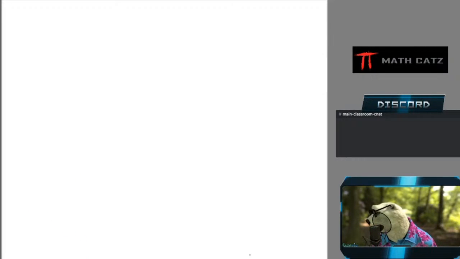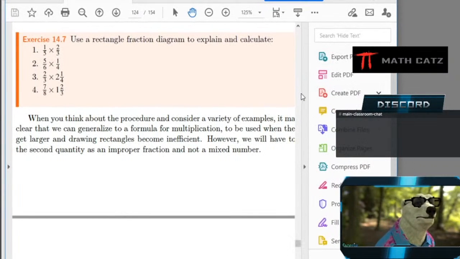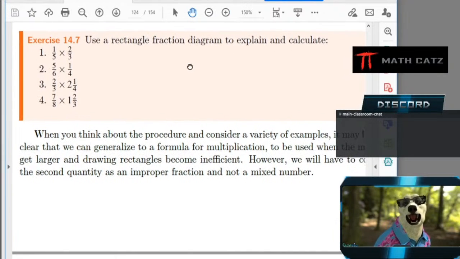Now, let's just recap what we have done yesterday. We started our discussion on multiplication, but we kept the first fraction a proper fraction, so less than 1.